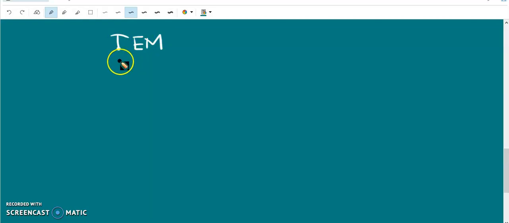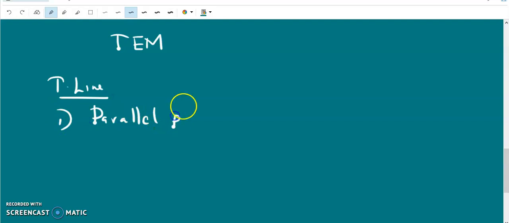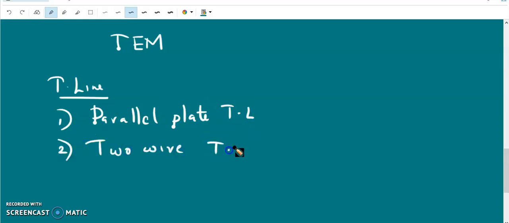The general types of transmission lines are: one, the parallel plate transmission line; second, the two-wire transmission line; and third, the coaxial transmission line. All these transmission lines are waveguiding structures, or waveguides, that support TEM.